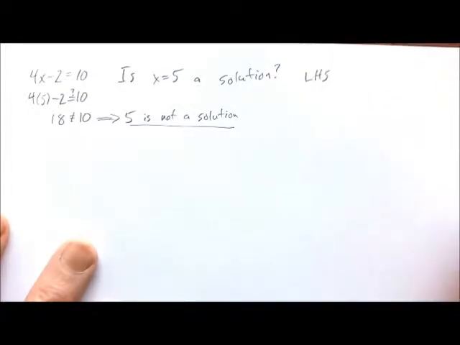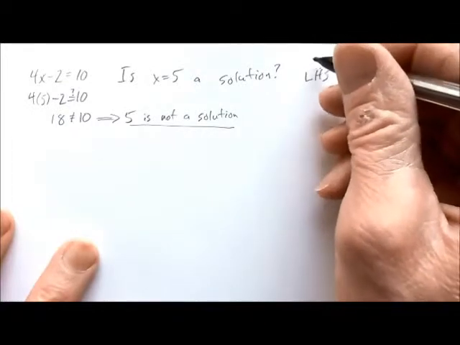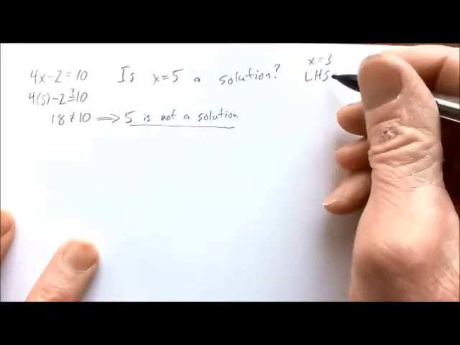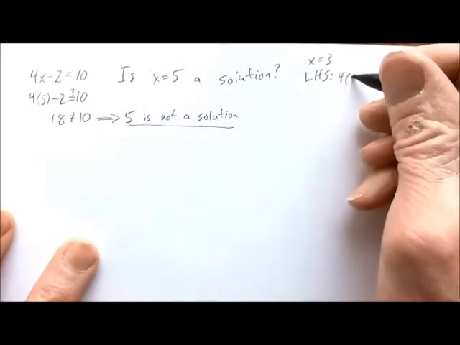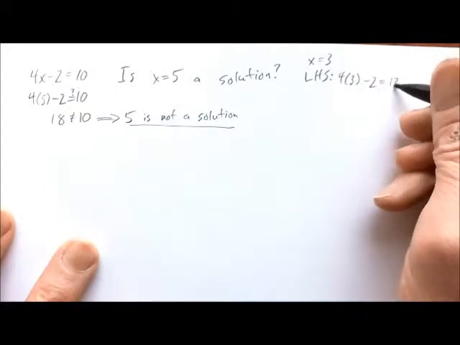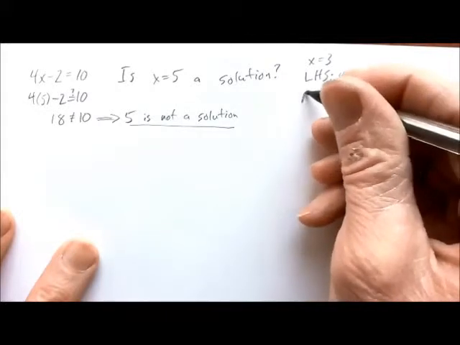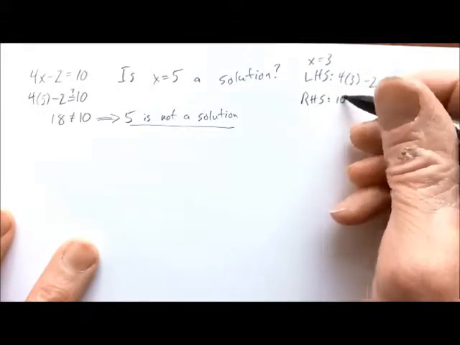So the left-hand side, when x equals 3, will come out to be 4 times 3 minus 2, which is 12 minus 2, or 10. And then the right-hand side of the equation is just 10.